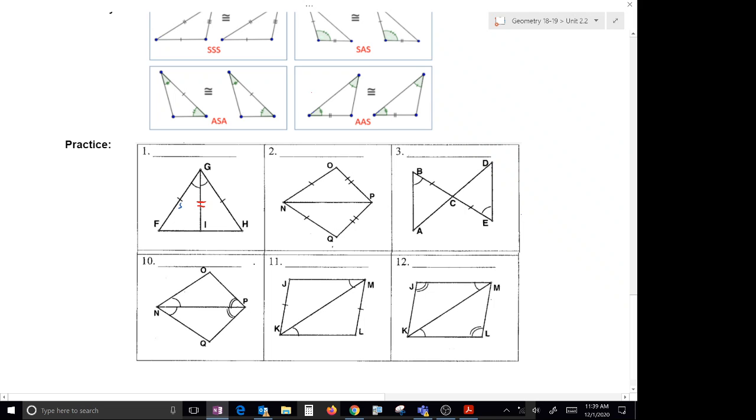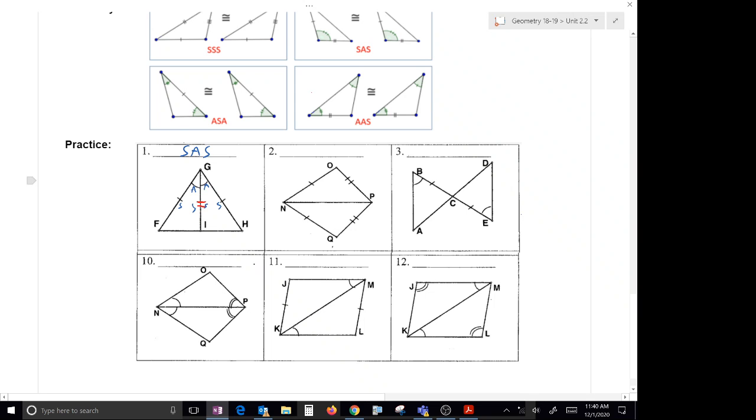So that's a side, that's an angle, and that's a side. So my angle is in between my two sides. Same on the other side of the triangle there. So that is SAS and SAS. So those are congruent by SAS. My particular favorite congruence. Why? Because it's got SAS.